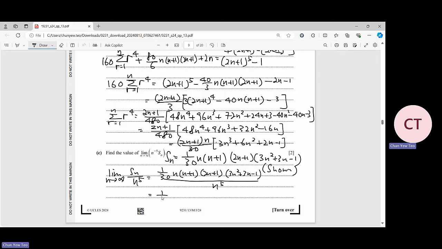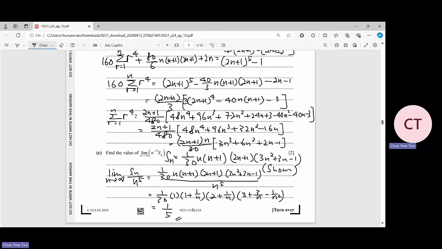So at the end, you get 1 plus 1 over n, 2 plus 1 over n, 3 plus 3 over n minus 1 over n squared. So when n approaches infinity, you get 1 over 5.